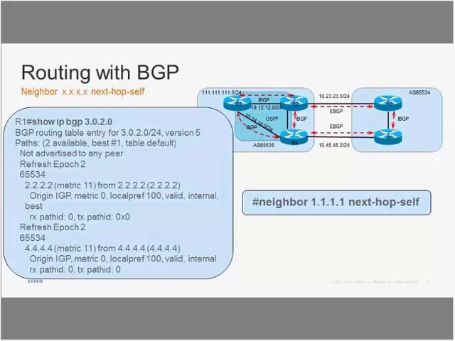So when you configure this command on R2 and R4, you can go back to R1 and see the prefix with show ip bgp 3.0.2.0, and you will notice that the next hop value from 10.23.23.0 has changed to the loopback address of R2 and R4 respectively.